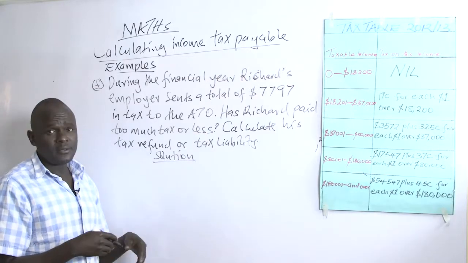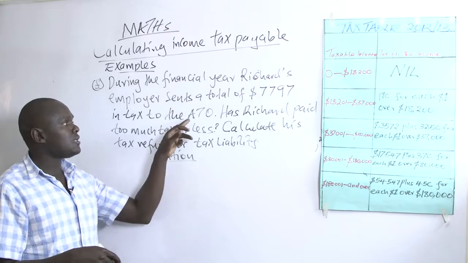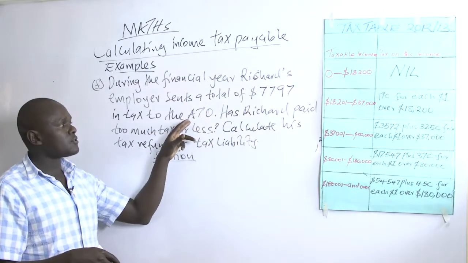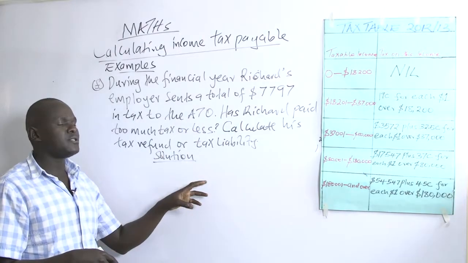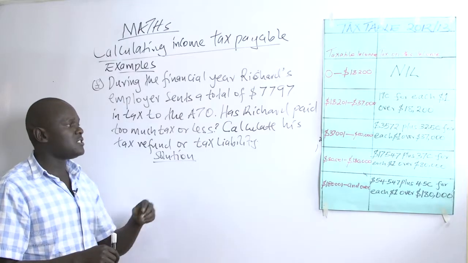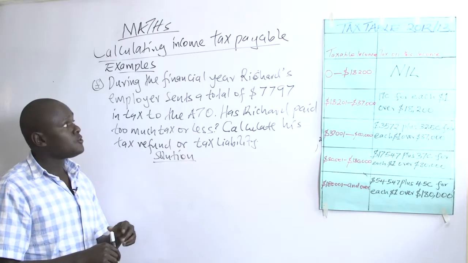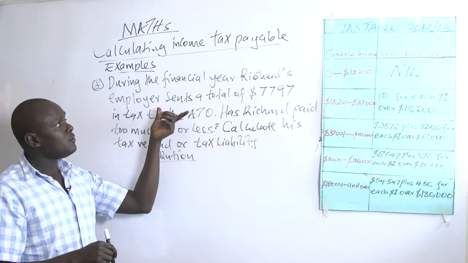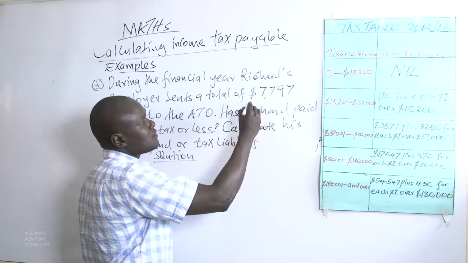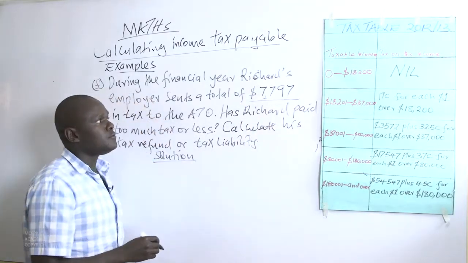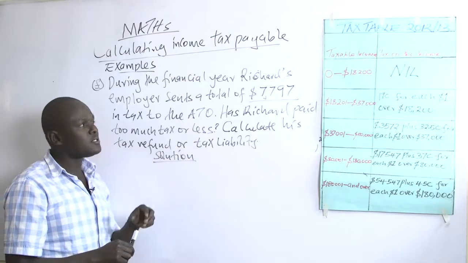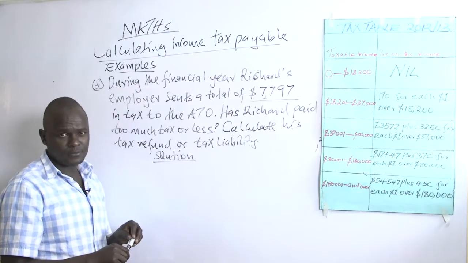And the employer remits the same to the Australian Tax Office so that the Australian Tax Office can remit the same to the federal government for expenditure. So in this particular scenario, Richard's employer has actually sent a total of $7,797 to the Australian Tax Office.